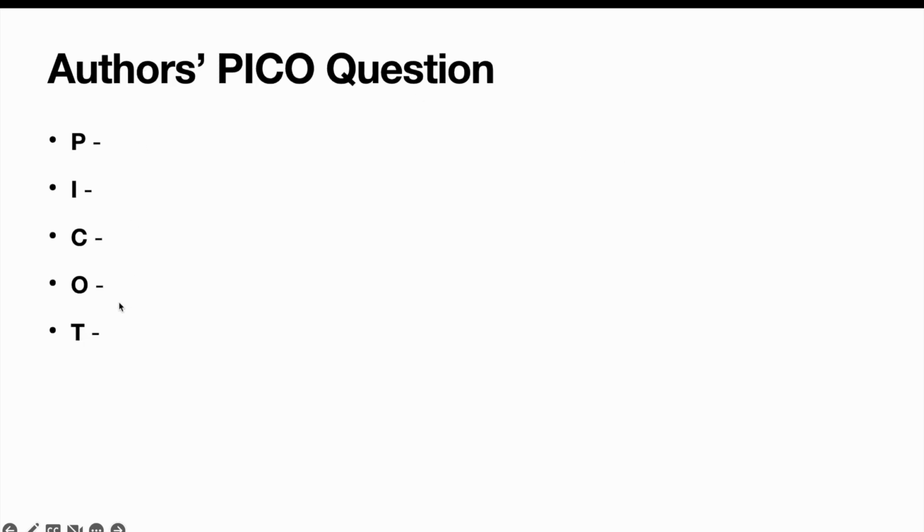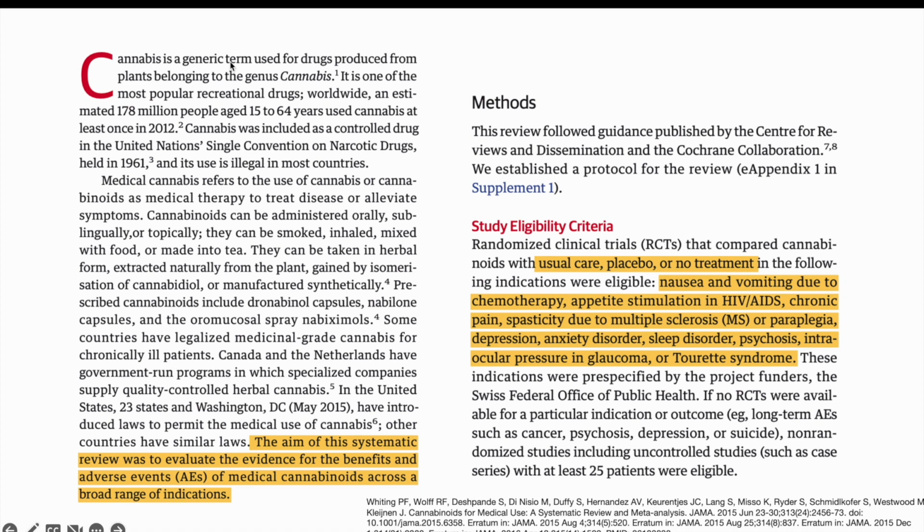Let's determine the author's PICO question. So we can go through and read some parts of this article that may be helpful when we're trying to figure out what the author's PICO question is. Right down here they say the aim of this systematic review was to evaluate the evidence for the benefits and adverse events of medical cannabinoids across a broad range of indications.